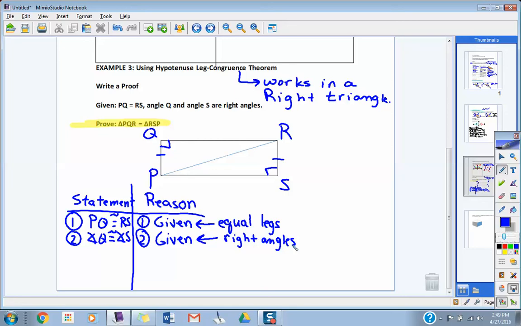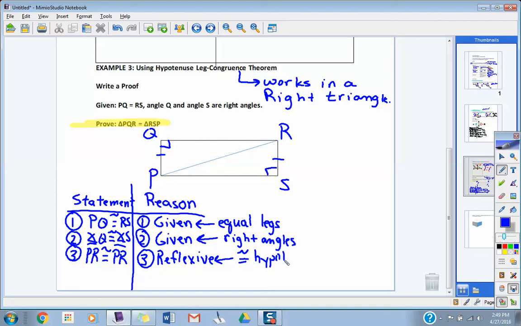PR. Okay, so right here, PR is going to be congruent to PR again, isn't it? Yeah. Because, what property? It's the same line. It's reflexive. But that reflexive property is really giving you the congruent hypotenuse in each triangle, isn't it?